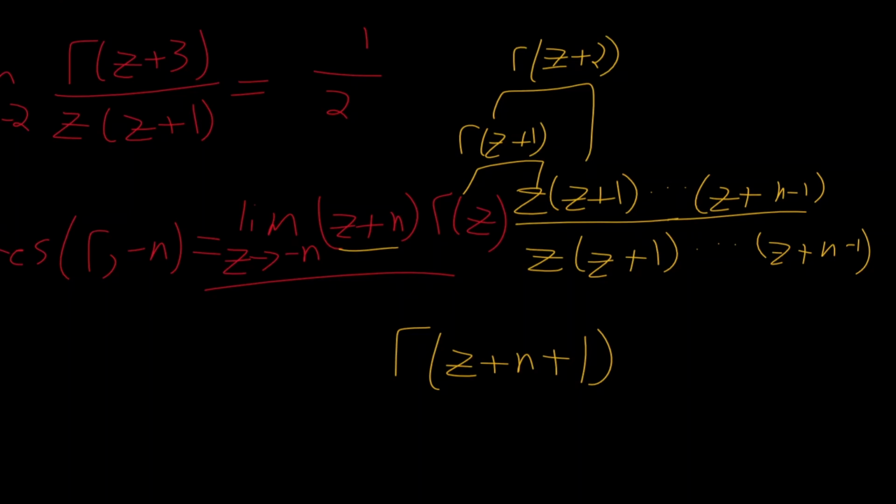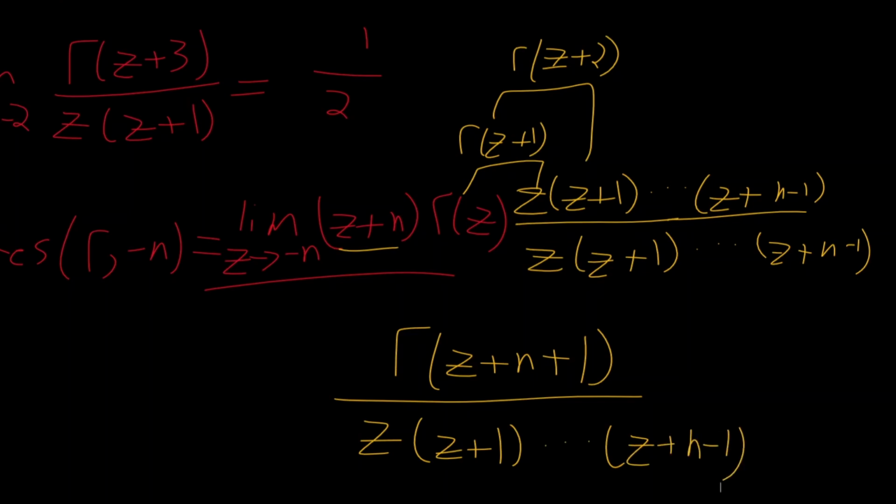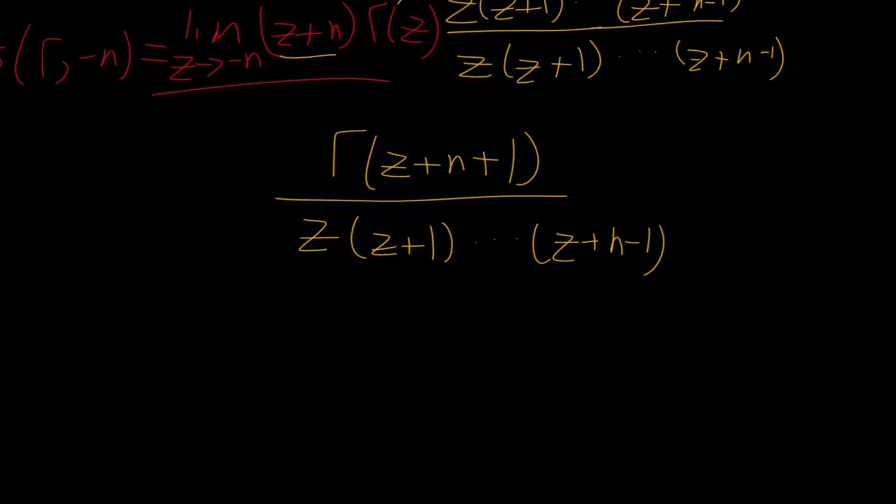So what happens when we actually take the limit here? Well, in the numerator, we just get 1, because gamma of 1 is just 1. And what's our denominator? Starting with the term all the way over on the right, if we plug in negative n, we just have negative 1.